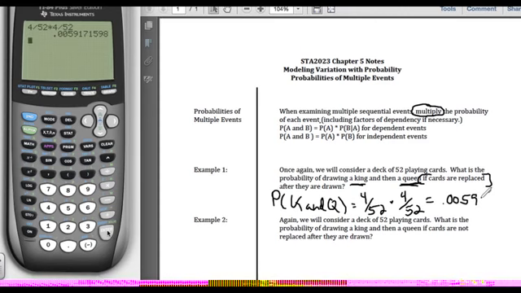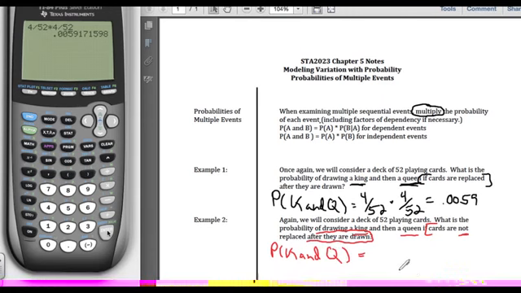Similar idea in example 2. We want to draw a king and then a queen, but the cards are not replaced after they are drawn. So the probability of a king and then a queen, starting over, we've got a freshly shuffled deck of cards. The king is a 4 out of 52 probability.